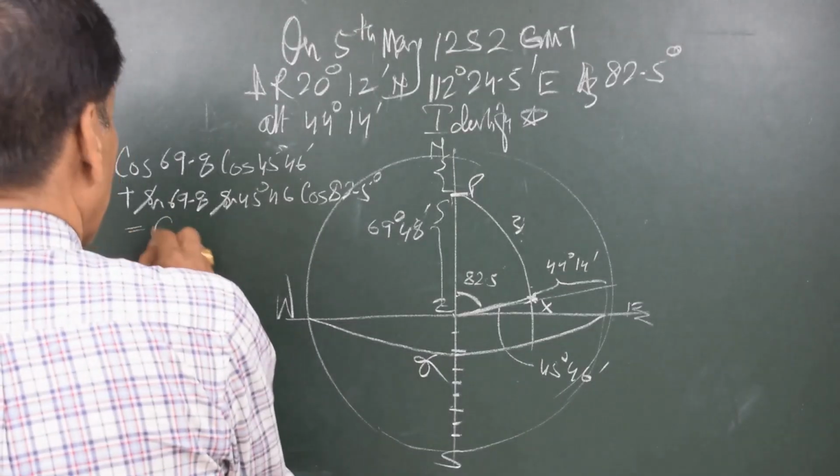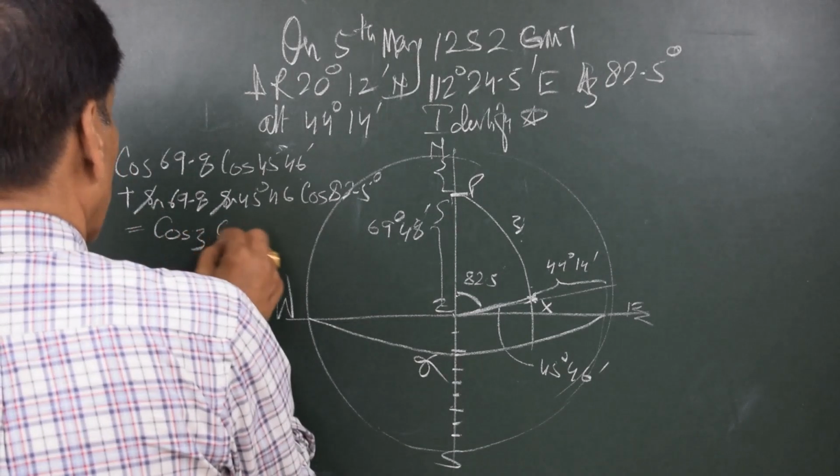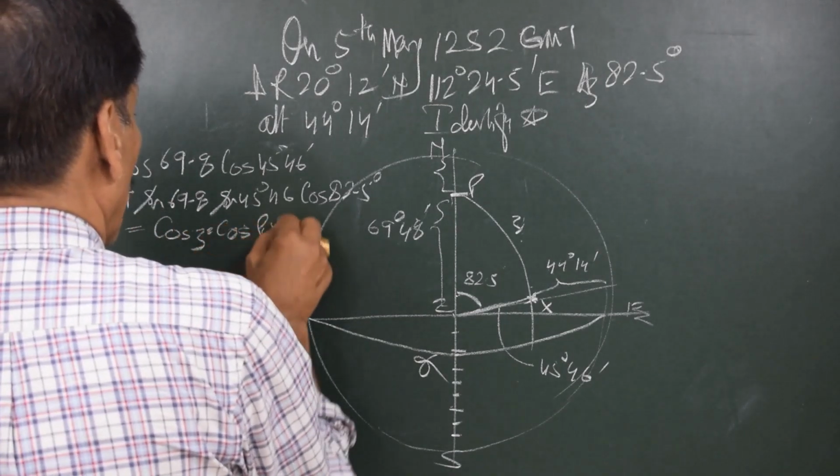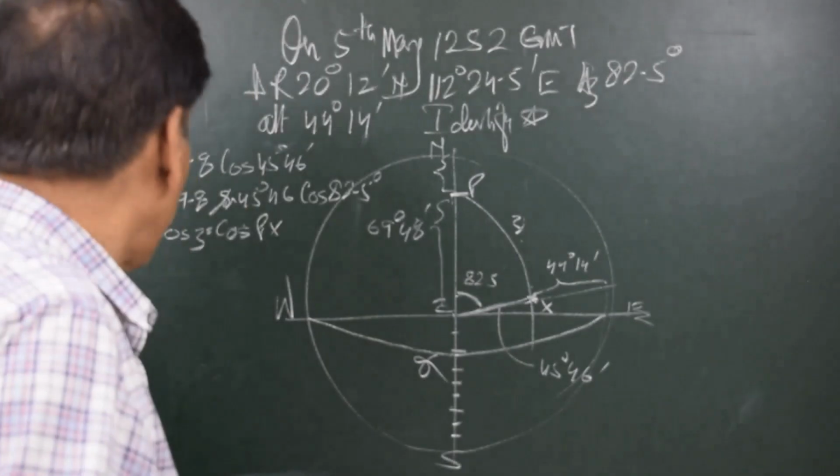And this is nothing but cos of z, or cos of the polar distance. Let's find this.